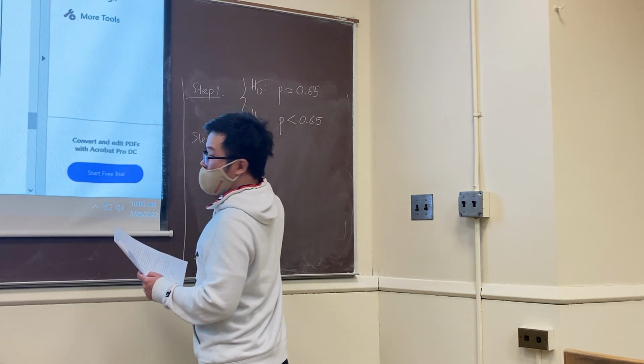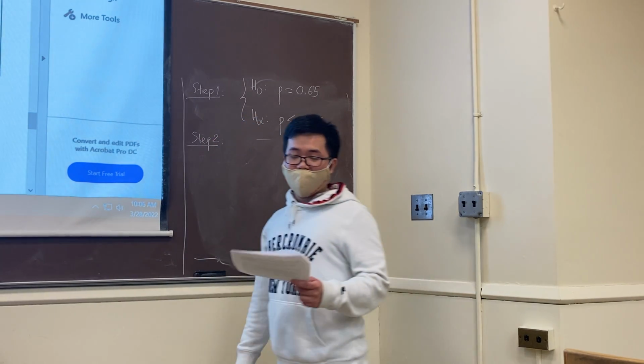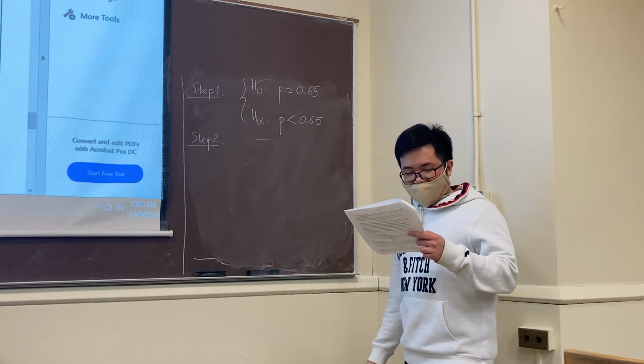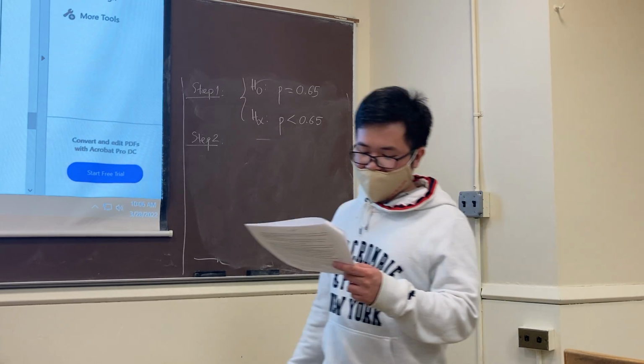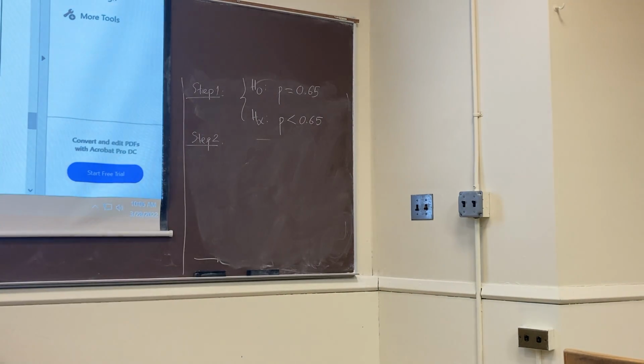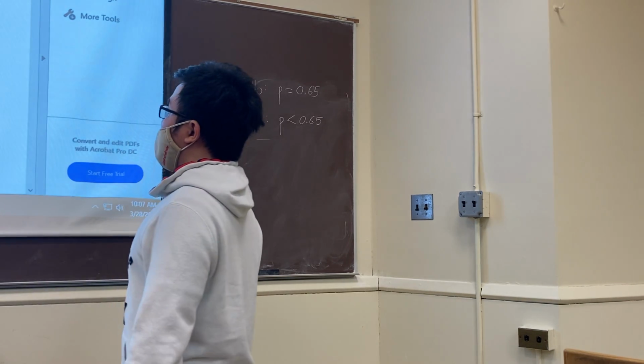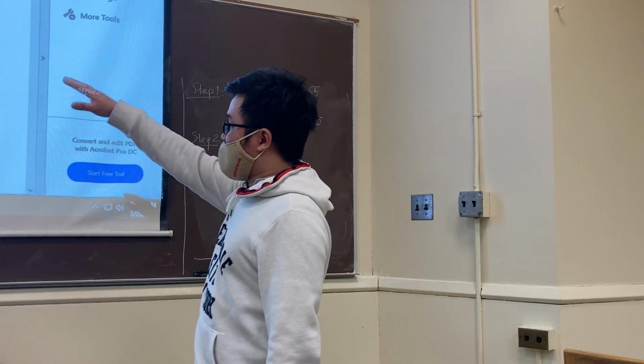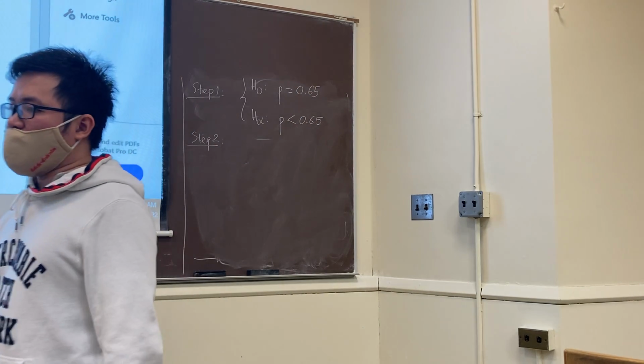And step 2, we will check the condition. To check the condition, you look at the table here. Look at the condition to apply. In this course, we don't study the binomial distribution, so the second condition is always satisfied.